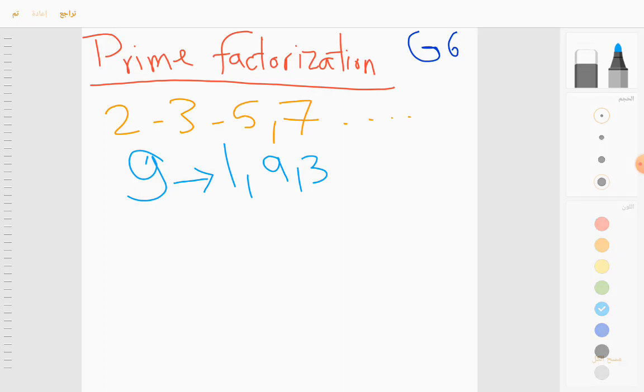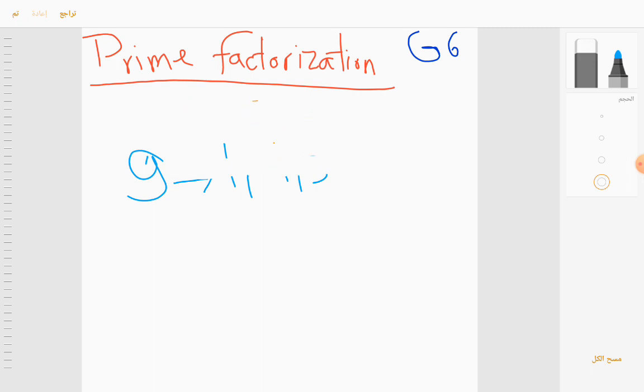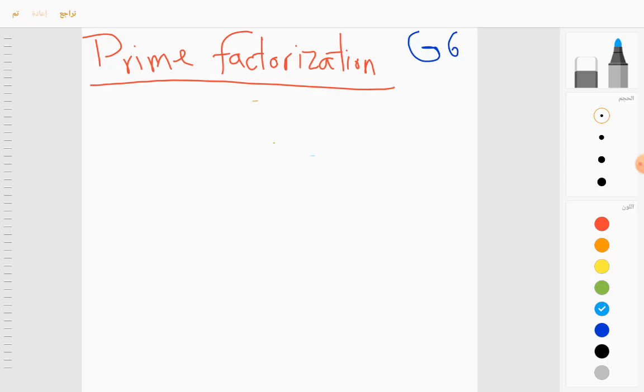Okay? So what is prime factorization? First of all, factorization means that I divide the number by its prime factors, or I use only prime numbers to analyze the number, such as the number 9.